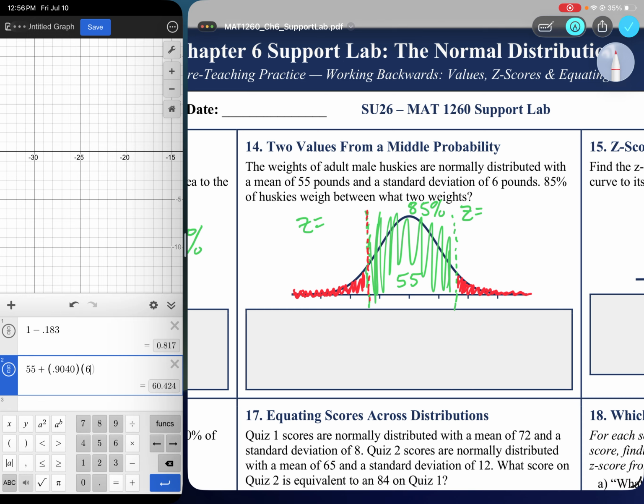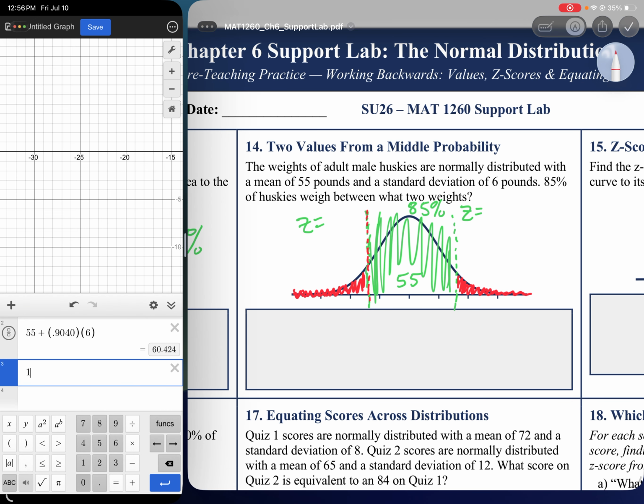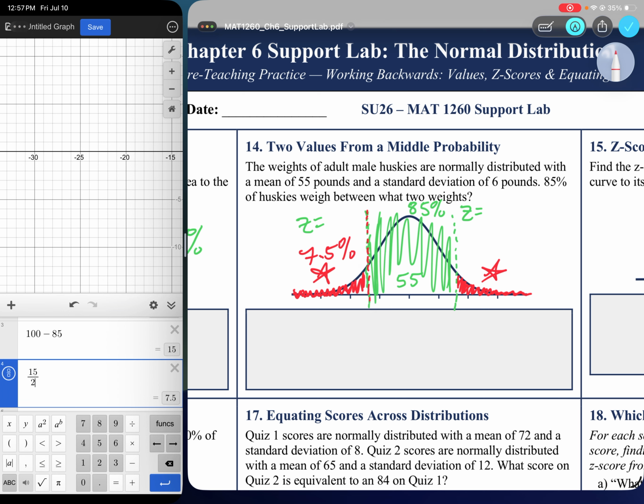If the middle is 85%, then 100 minus 85 means 15% of the data is left in the two tails combined. So I need to split that 15 by 2, and I get that the left tail we're cutting off represents 7.5%, and the upper tail we're cutting off represents a right tail of 7.5%.